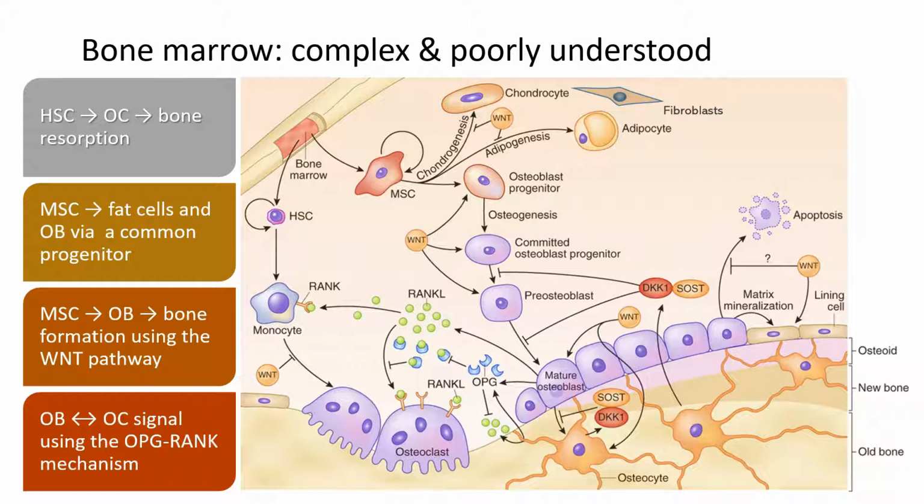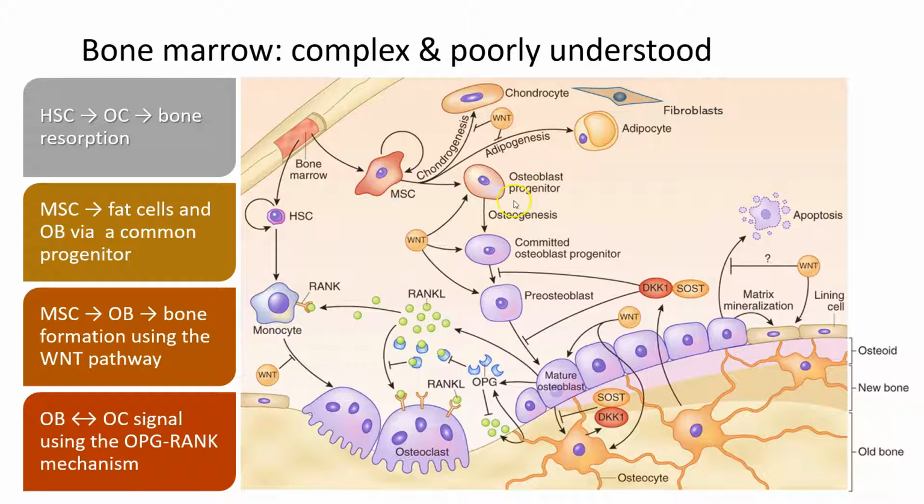First of all, hematopoietic stem cells eventually lead to the formation of osteoclasts, and osteoclasts cause bone resorption. Point number 2, mesenchymal stem cells lead to the formation of a number of cells including chondrocytes, adipocytes, and osteoblasts. But it's important to remember that adipocytes and osteoblasts have a common progenitor.